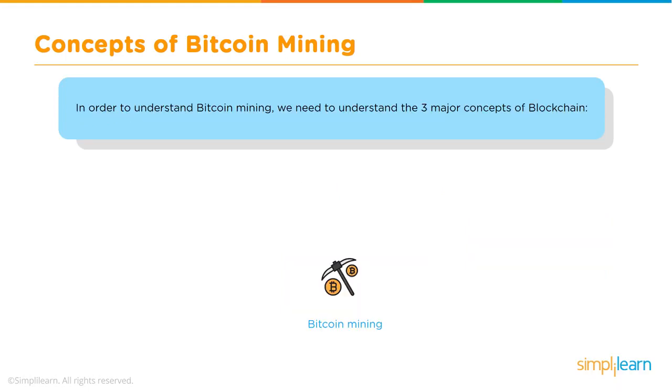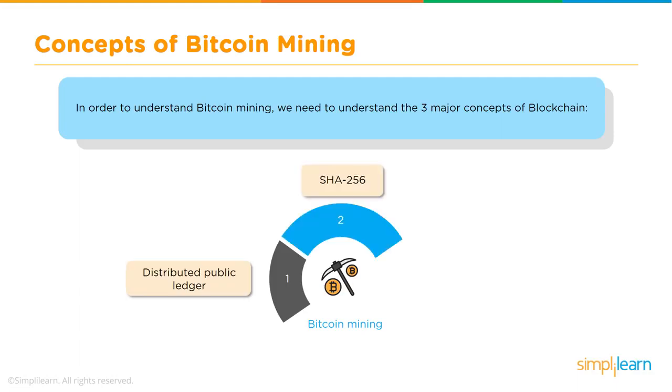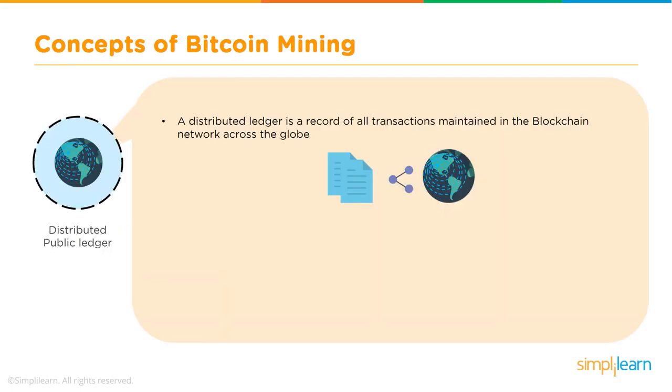Now in order to understand Bitcoin mining, we need to understand three major concepts of blockchain. It is based on a distributed public ledger, it uses the SHA-256 encryption algorithm, and proof of work is the underlying consensus algorithm for Bitcoin mining. First, the distributed public ledger. A distributed ledger is a record of all transactions maintained in the blockchain network across the globe.